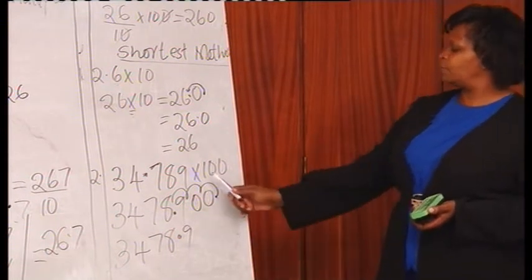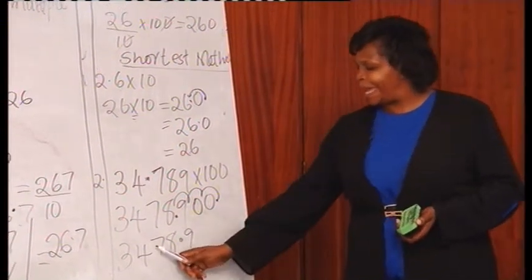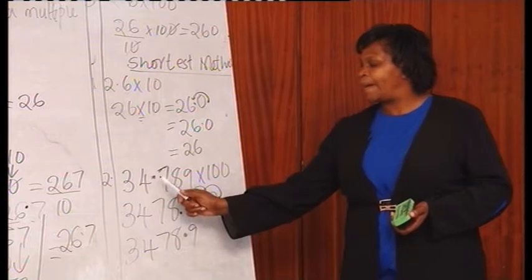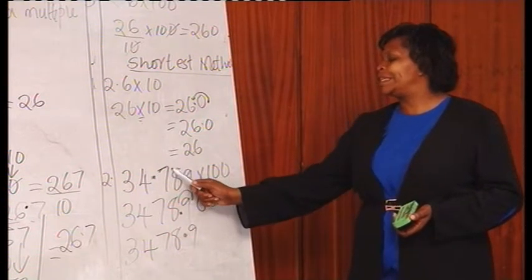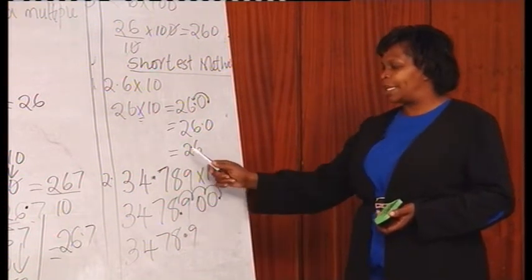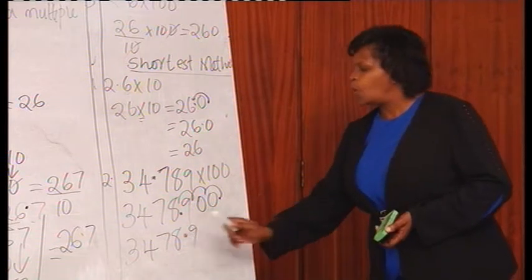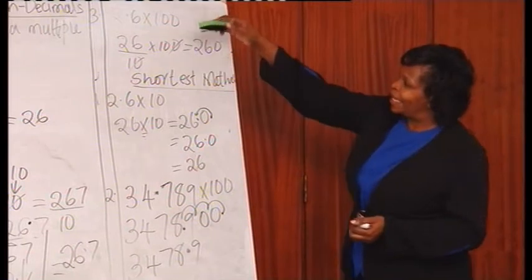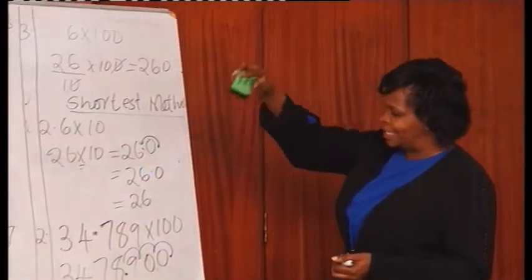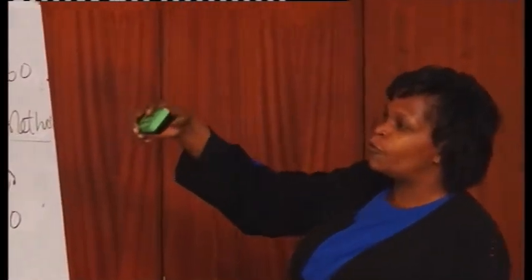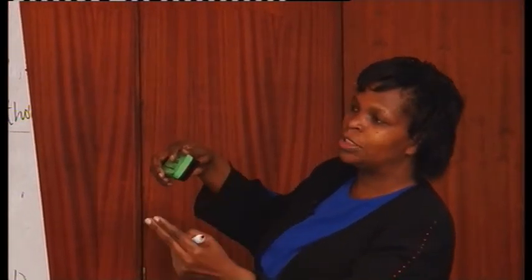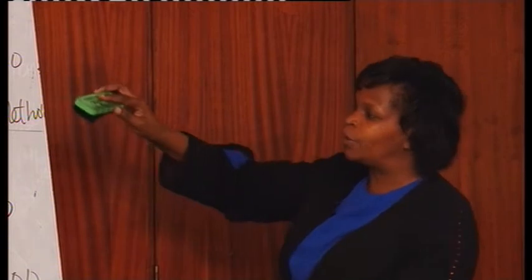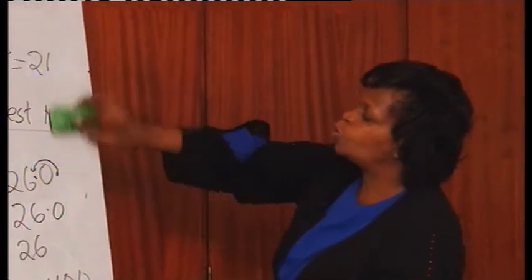This means when I was multiplying by 100, I have made this number bigger by 2 steps to the right. So always remember that anytime you are multiplying any number by either 10, 100, 1,000, you move the decimal 3 steps or 2 steps or 1 step according to the multiple to the right.